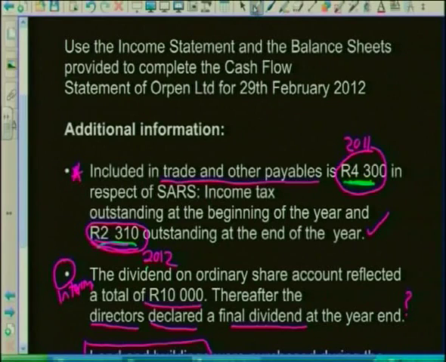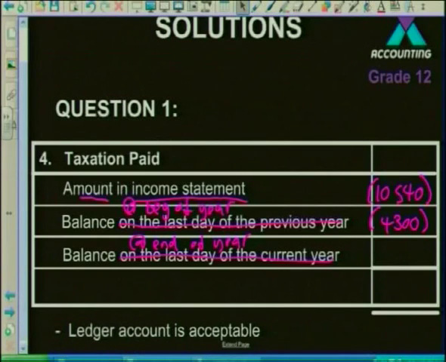So let's take that amount through. At the end of the year, there we go, we were owing the receiver 2,310, and this amount will not be in brackets because we haven't paid this to the receiver as yet. Hence, it can't be shown as an outflow of cash.